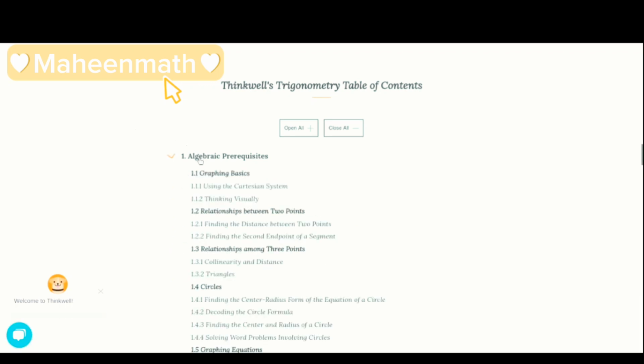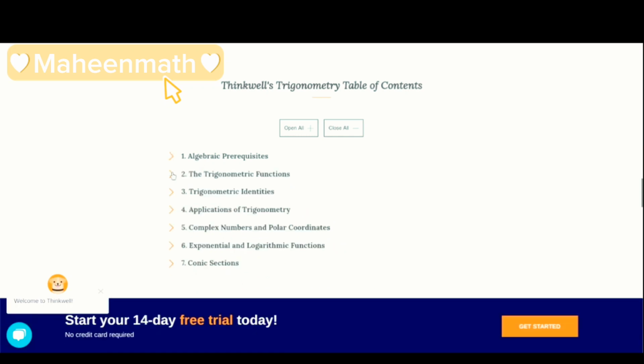As you can see, there's algebraic prerequisites. It gives like a cool rundown of what you need to learn, what you need to know beforehand, the trigonometric functions, trigonometric identities, applications of trigonometry, complex numbers and polar coordinates, exponential and logarithmic functions.